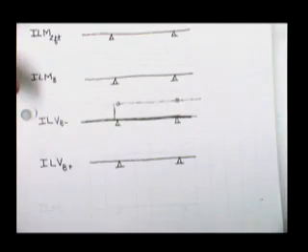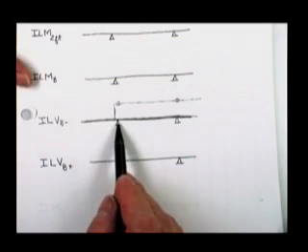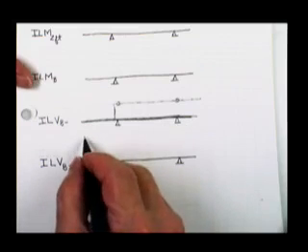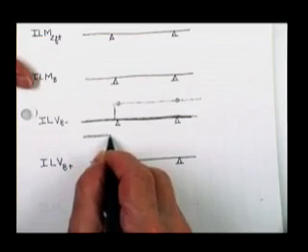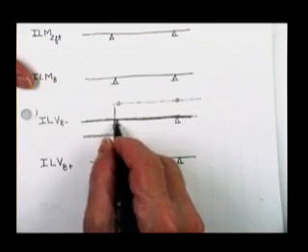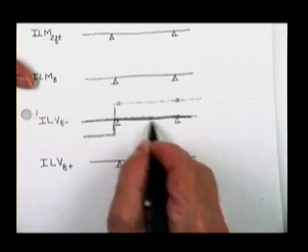The only problem is it hasn't been properly supported yet. That's your job. Bring this one down how far? 1. Bring this one down 1, and here is your influence line for the shear, slightly to the left of point B. I've shown it a little more than slightly to make sure you see what's going on.